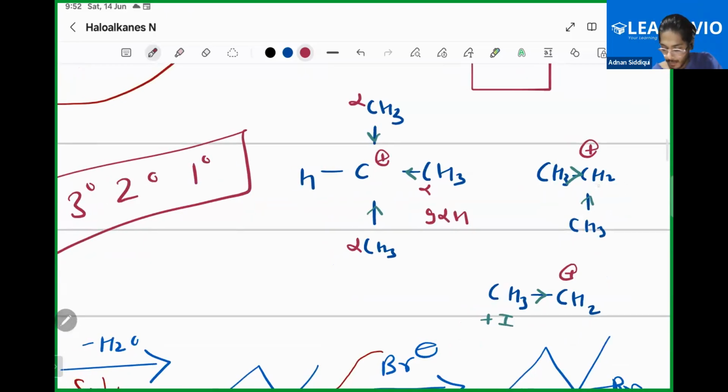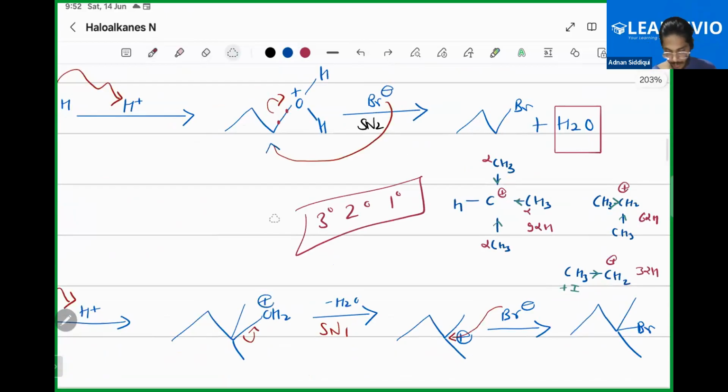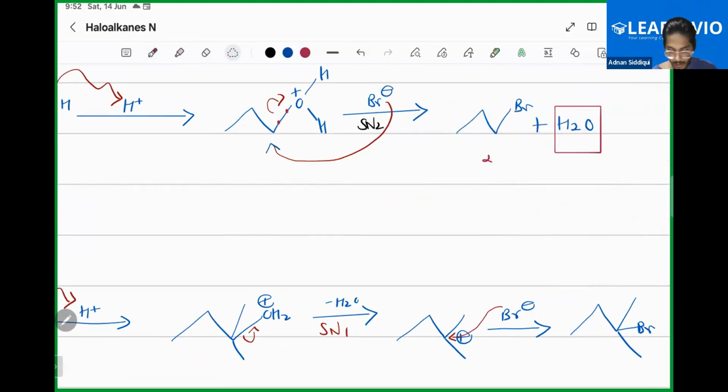Here we have six, and here we have only three. So due to hyperconjugation and plus I inductive effect, our 3 degree carbocation is more stable. Is this clear? Yes, sir. So this is how this works.